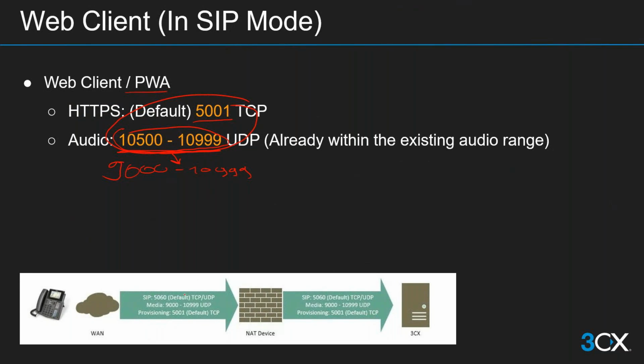These were always common questions regarding whether the web client needs port 5001 and 9,000 to 10,999, or the audio port range 10,500 to 10,999 UDP and TCP, where TCP is wrong. You don't need TCP, for audio it is only UDP, yeah? HTTPS is only TCP. This used to be questions. Again, I have not done the exams yet, so I don't know the questions that pop up in that regard, yeah?